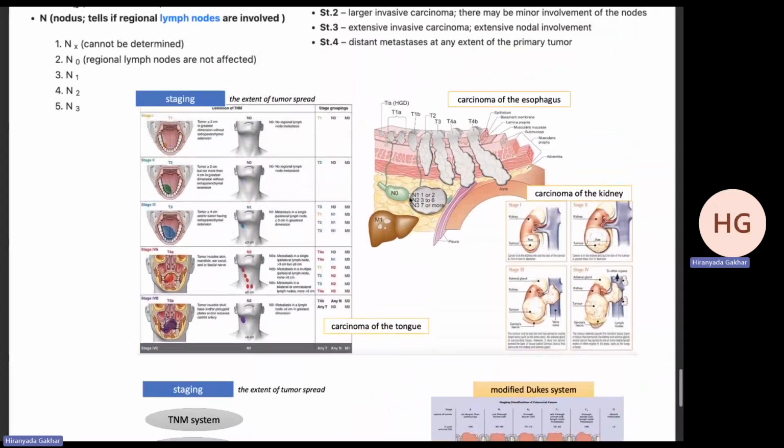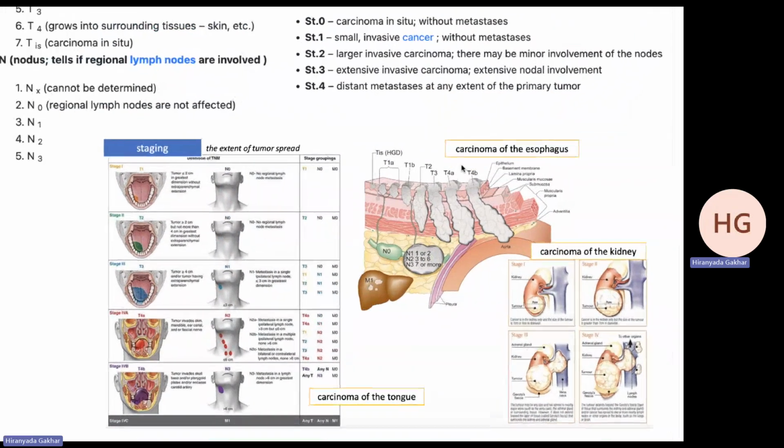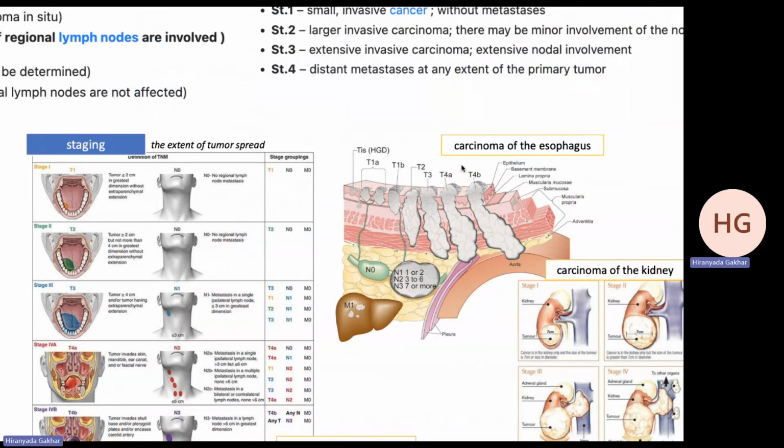And of course, we have the staging of the esophageal carcinoma. Now, for the staging of esophageal carcinoma, the T1 is just limited to the epithelium and the basement membrane. With T2, it is invading the submucosa and the muscularis layer. With T3, you can see that it has already reached the adventitia.